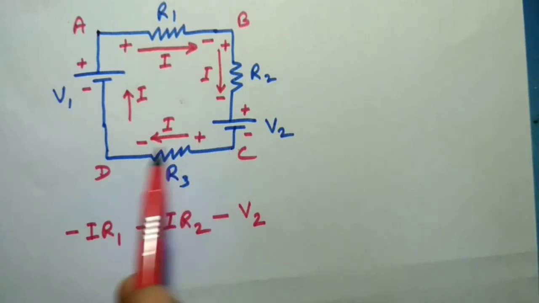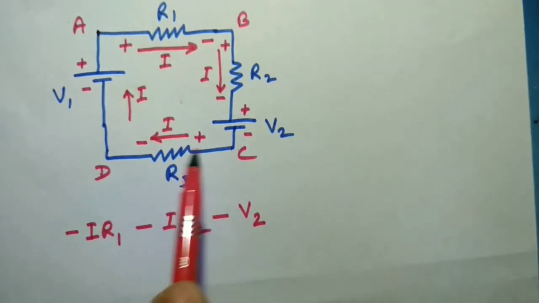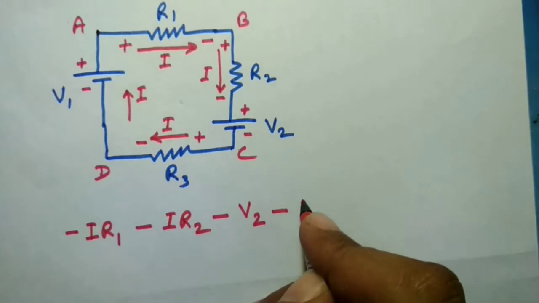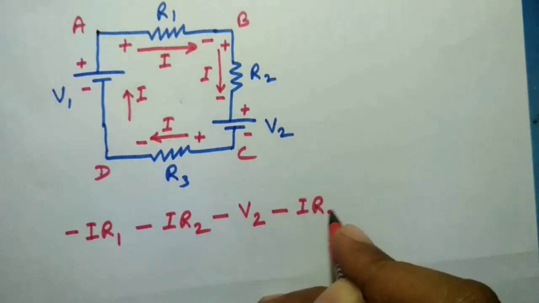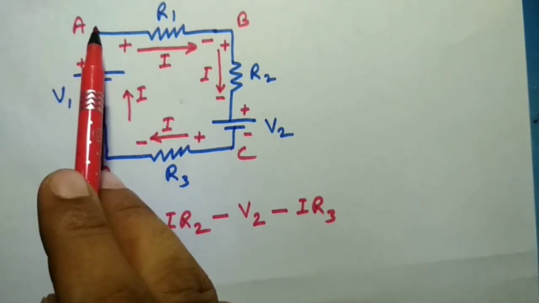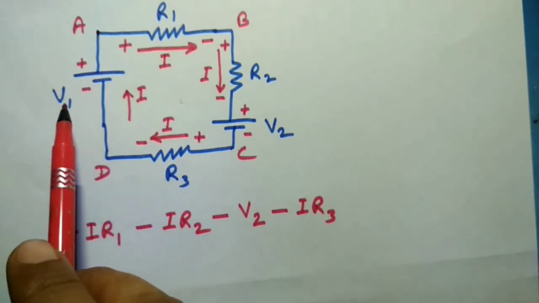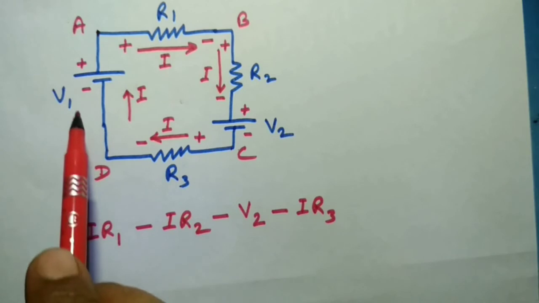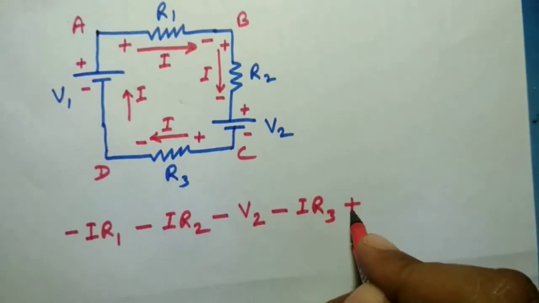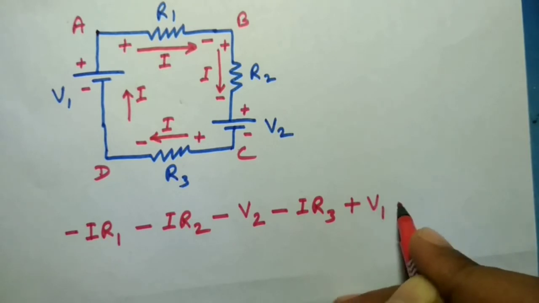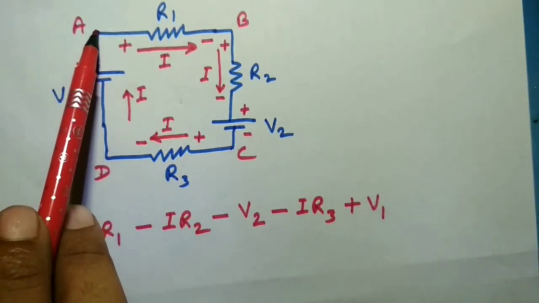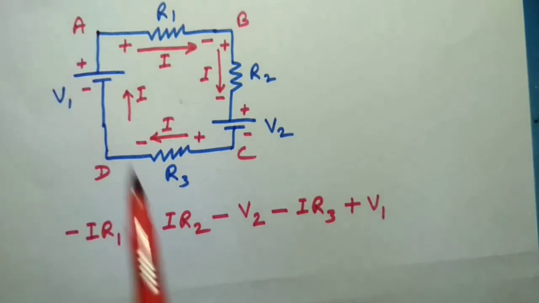And we are moving from C to D, meaning plus to minus. So again, the voltage drop across R3 will be taken as negative. And finally, from D to A, we have the voltage source V1, and here we are moving from negative to positive side. So it will be taken as plus V1. So we reach the same point from where we started, that is point A.